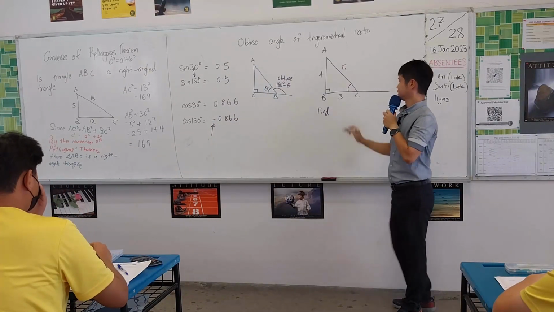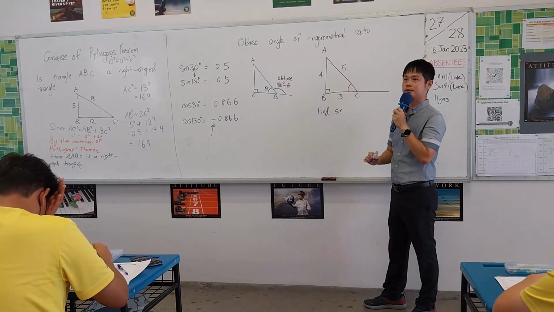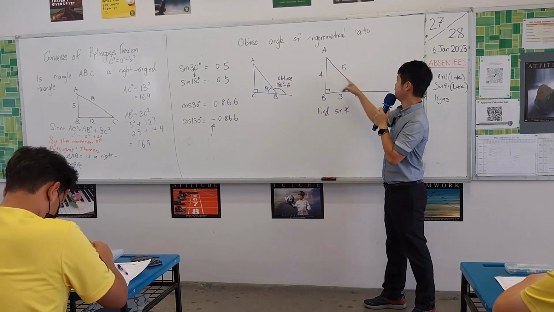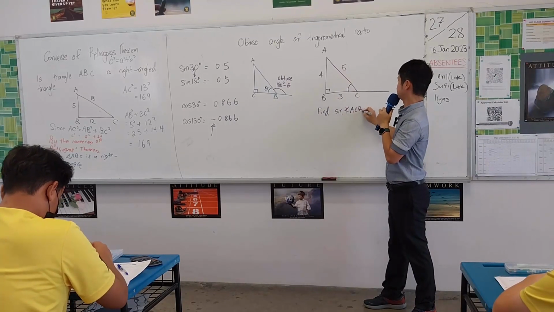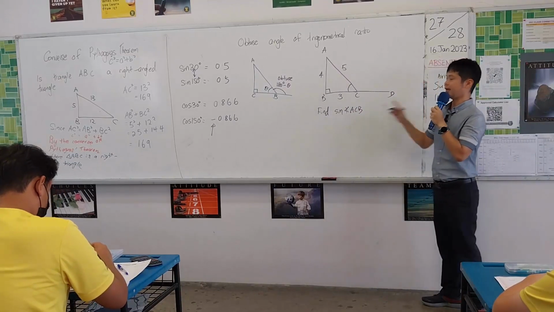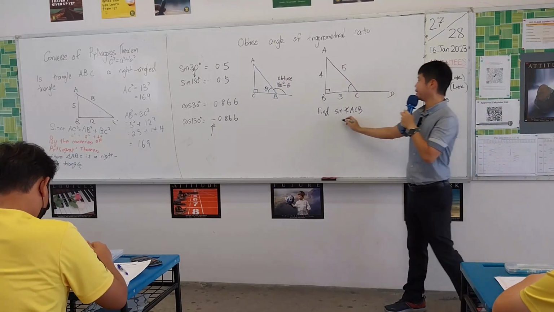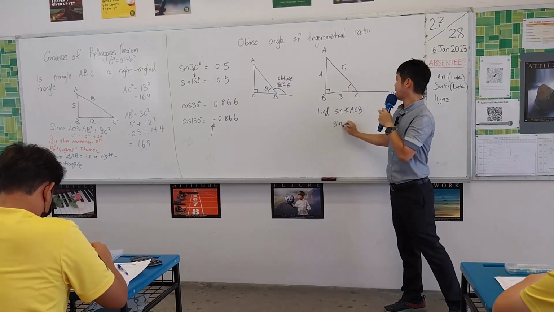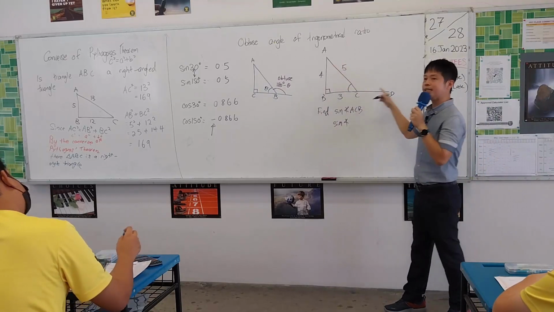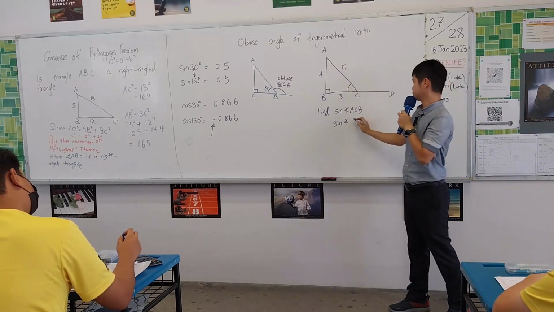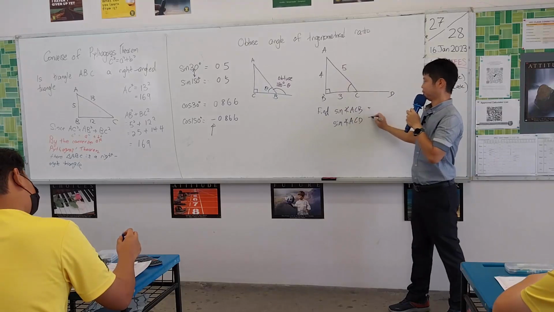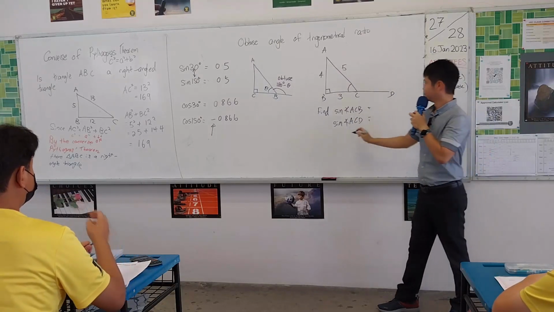Find sine angle ACB. Now the second type of question is find sine angle ACD. That's the obtuse angle. Two more questions only.